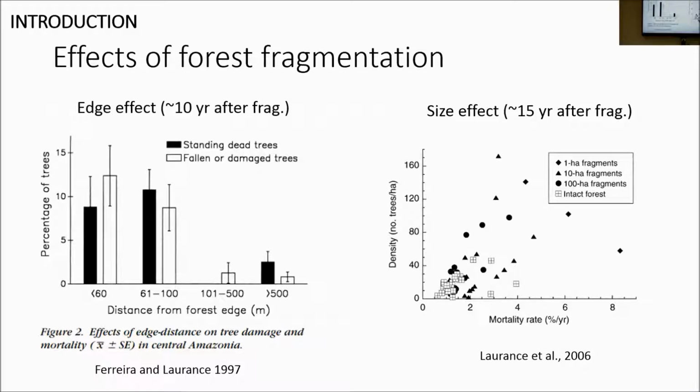And there's a correlation: where the mortality is higher, we have more recruitment of pioneer species. You can see the 1 hectare fragments happen here, 10, and the 100 hectares happen more on this side of the graph, with less mortality and less recruitment.